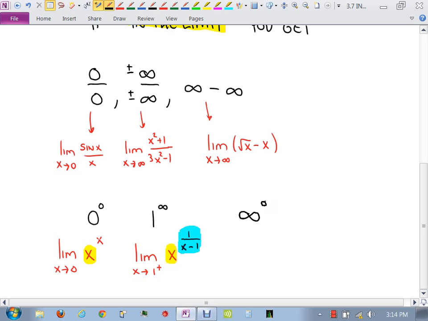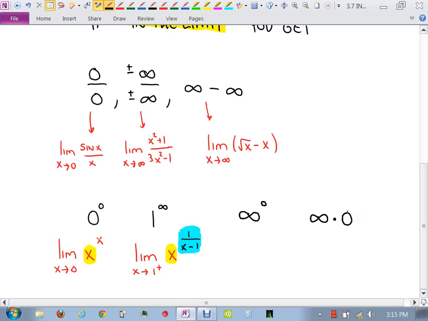Let's see. Trying to think if there's any others. Can you all think of any others? Can you all think of anything that might cause an issue? Hold on, let me go with the first one I heard. 0 or infinity times 0.